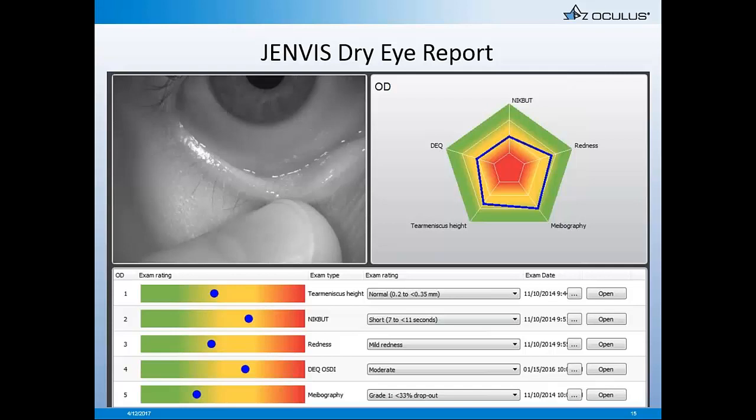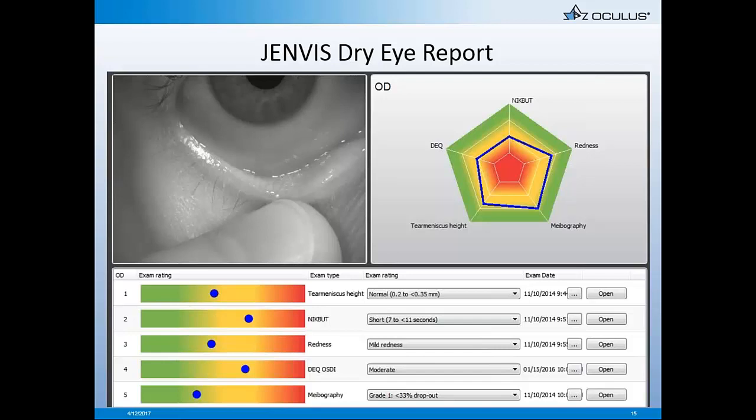So here's a JENVIS report, and it's possible to make this your own. So you can decide what you want to do. Do you want to do the redness, which I haven't covered in this particular presentation, but you can have that on there. I believe the Meibography, the tear meniscus height, and if you do an OSDI survey, that needs to go there.